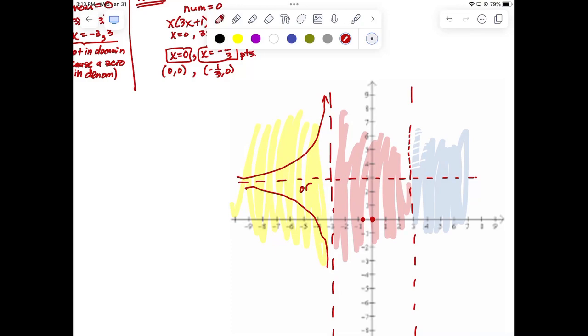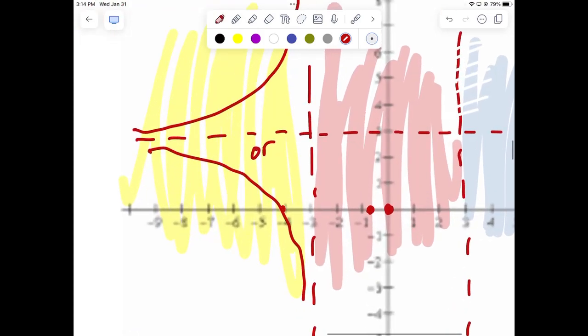Now, I would argue that we already have enough information to determine if it lives above or below. So you tell me, does it live above or below the horizontal asymptote? Below. Let's think about below. If it were to live below, we would have found a what for sure? An x-intercept. We would have found an x-intercept when we set the numerator equal to 0. That was to the left of -3.